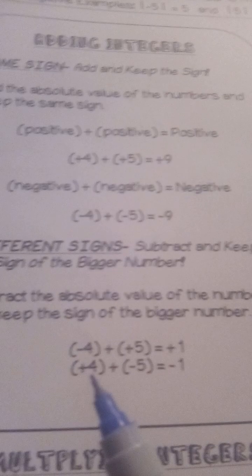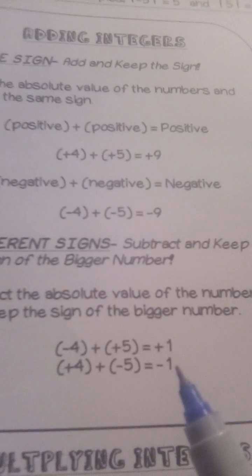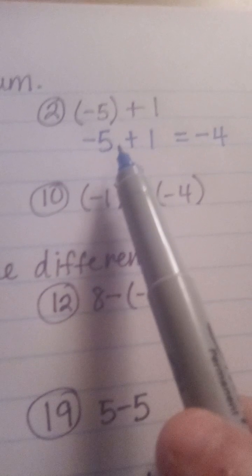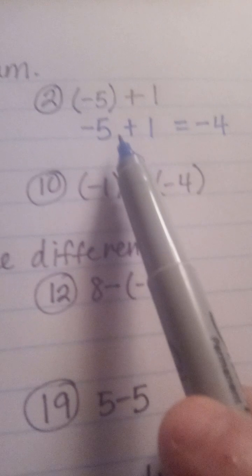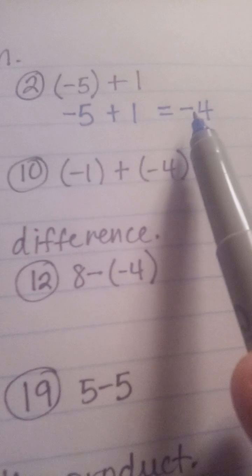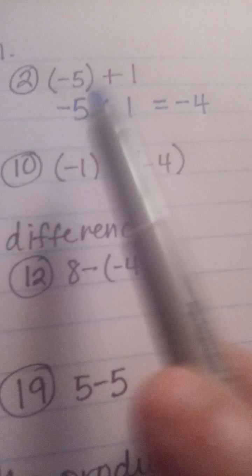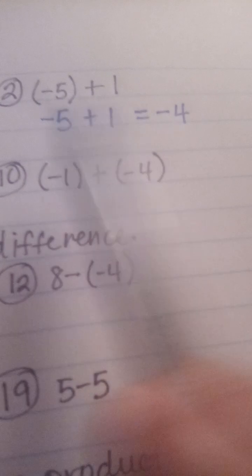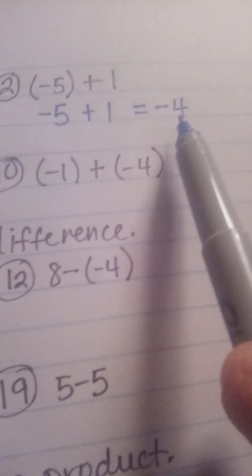And the same thing with a positive 4 and a negative 5, you keep the negative 1. In this instance, the bigger number is negative 5. So it returns to be a negative answer. We have a negative 5 plus 1, it'll be a negative 4.